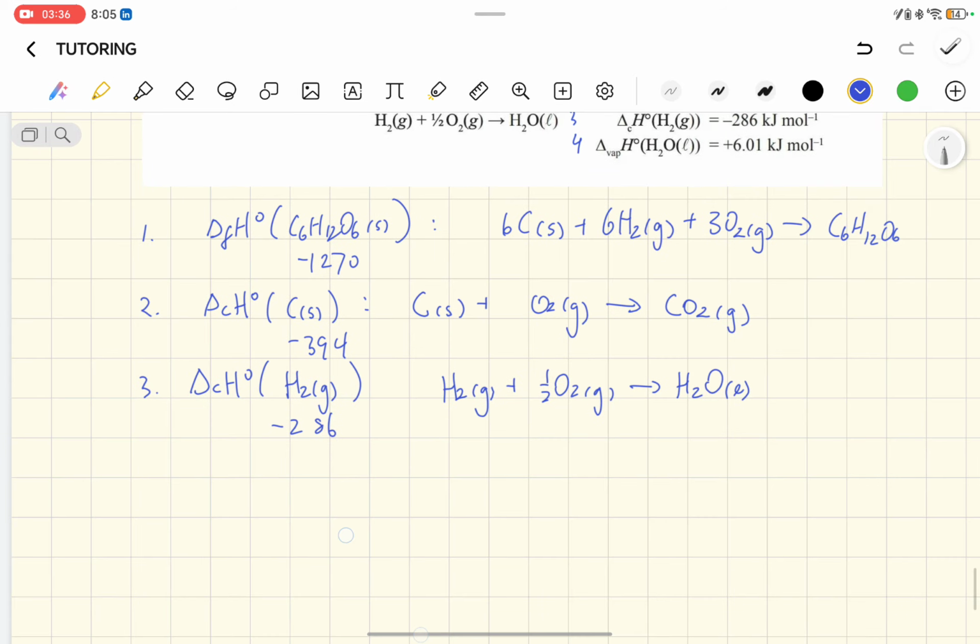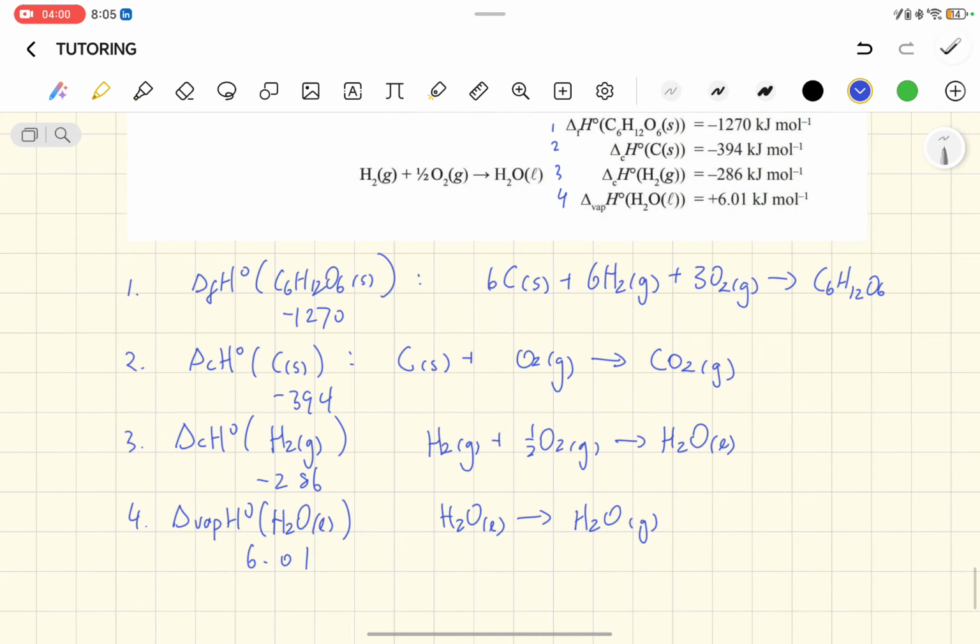And lastly is the change in vaporization of H2O liquid, which essentially is H2O liquid going to H2O gas. This has an enthalpy change of 6.01.